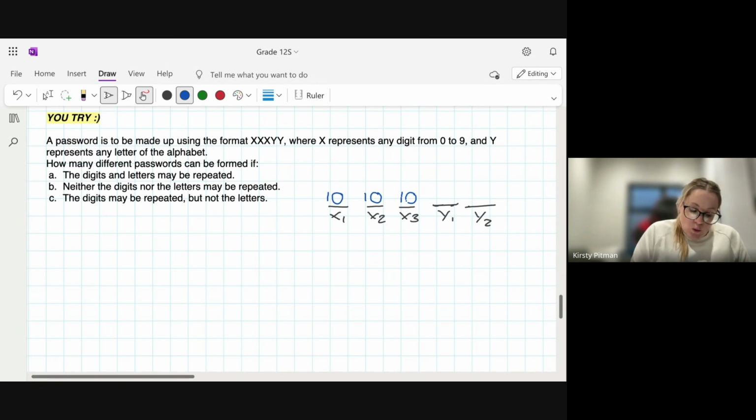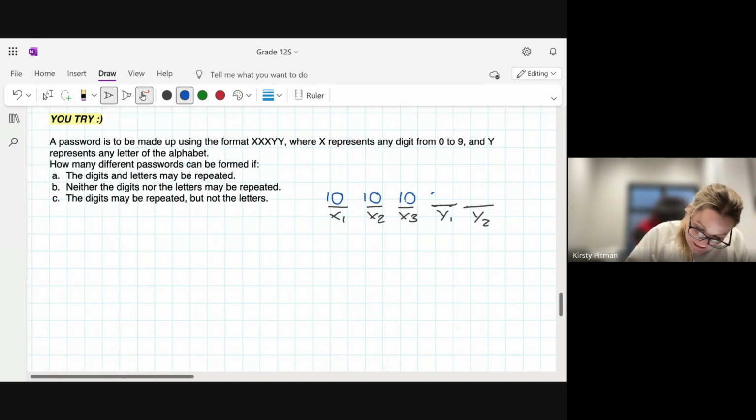And the letter Y represents any letter of the alphabet. How many letters are there in the alphabet? You need to know this for your maths exam because they might ask you, or you can sit there counting. Good, there's 26. So 26, and then I'm allowed to choose them again, so 26.